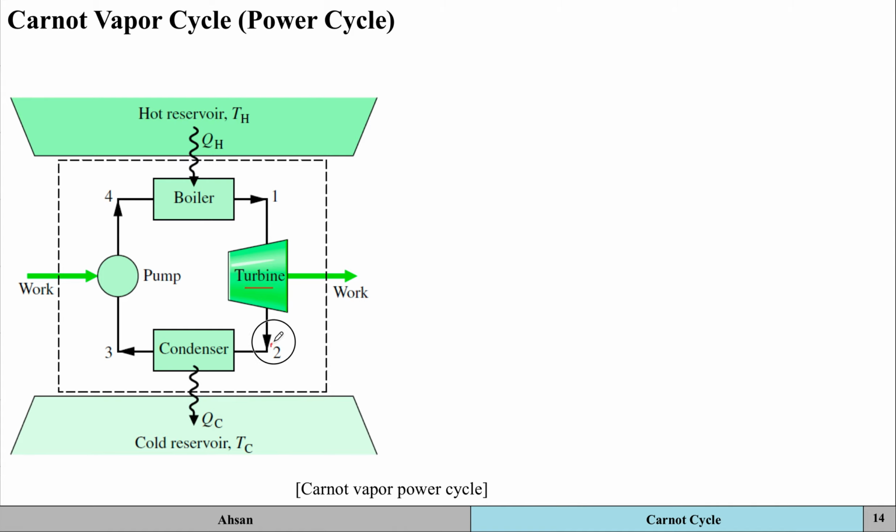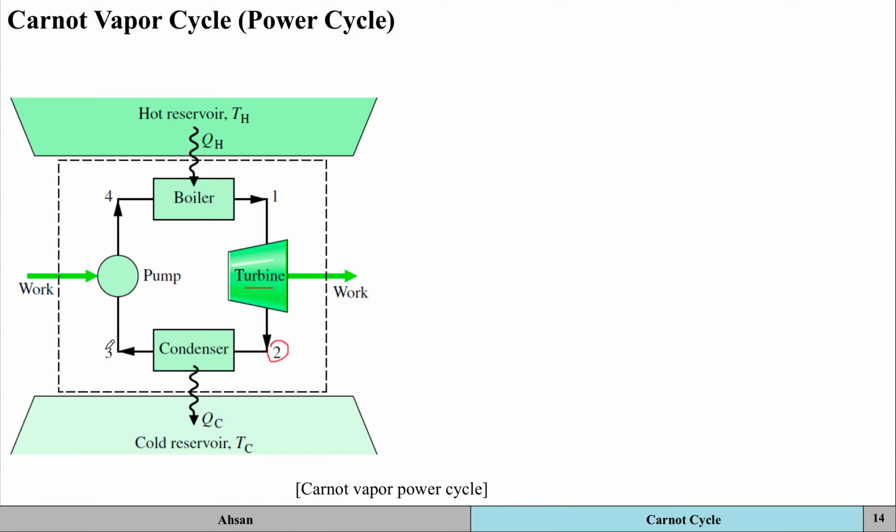So at state 2 now, you're going to have a liquid vapor mixture here. And some of that vapor is going to condense, because energy is being taken out of the liquid vapor mixture. Okay. And as this water then passes through the condenser, it is received into the pump.